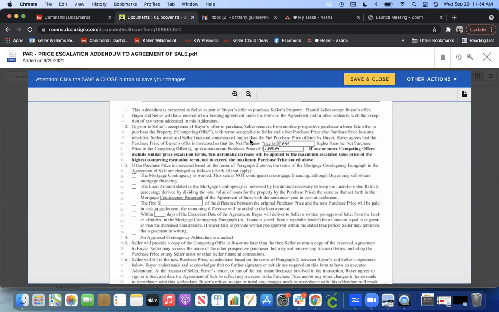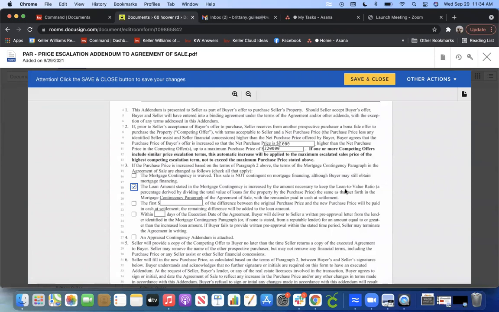Well, the buyer's saying they're willing to pay $1,000 above the highest competing offer, so that would make it $211,000. But they need to get a mortgage to cover the difference, right? Then you would check here the loan amount stated in the mortgage contingency box that's in the agreement of sale. We'll go back to that in a moment. And the loan to value ratio to remain the same.